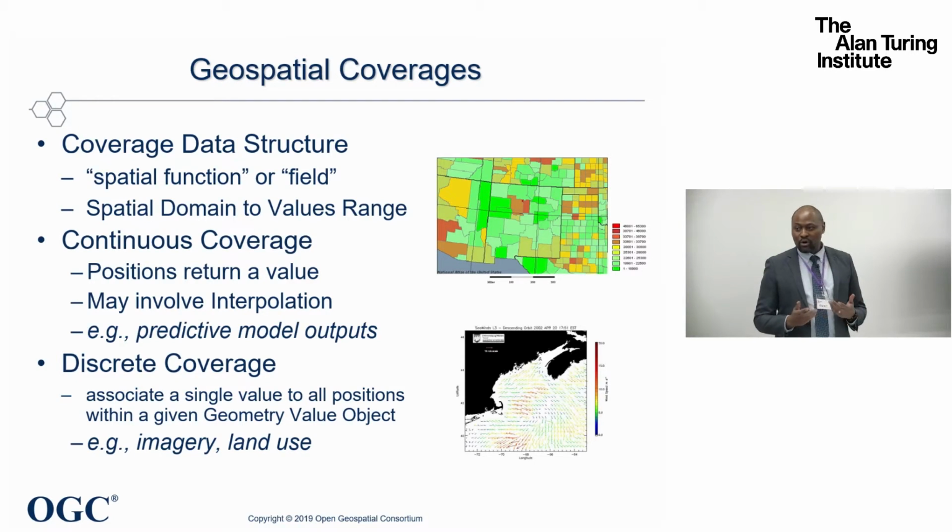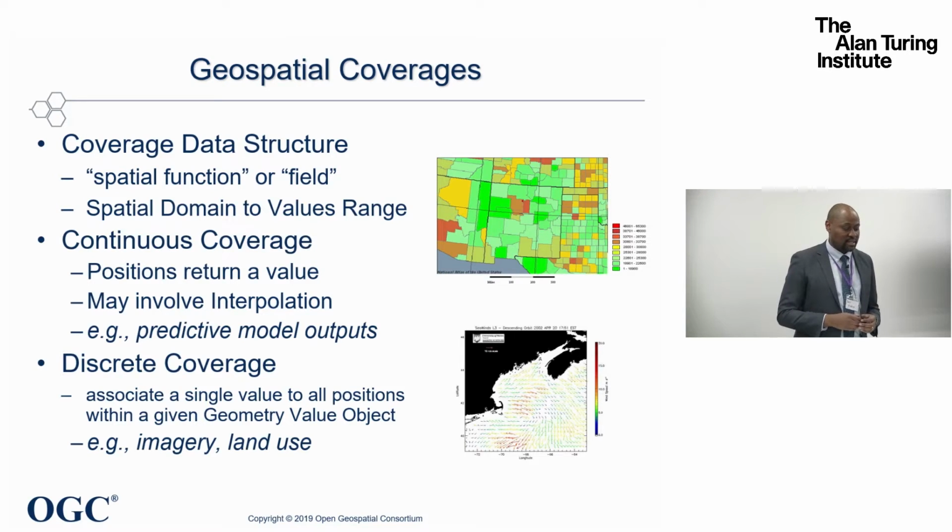Some of the more obvious examples include raster images, but you also get coverages that are built from spatial functions, with interpolation at a particular point returning a value that's been calculated as a result of that function. So the OGC has developed coverage specifications, most notably the Web Coverage Service standard, but also the Web Coverage Processing Service standard. And those are designed to support coverages.